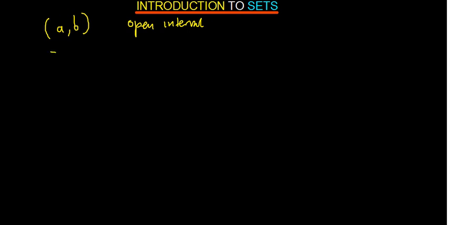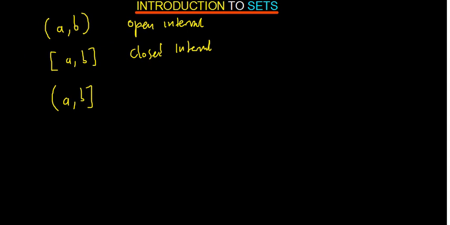And then you also have these brackets. If you see them like this, these are closed intervals. Now the meaning of closed is that you are including A itself, you are also including B itself. But for open, you are not including A, you are not including B. So you can start with this and then you put that.